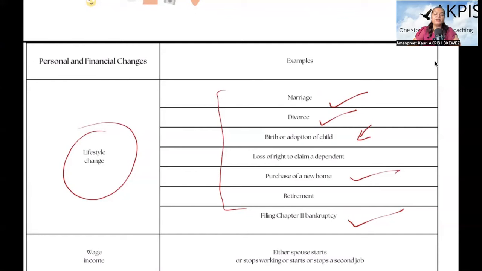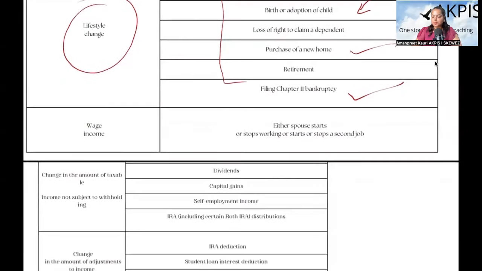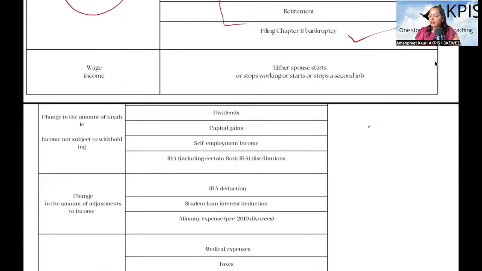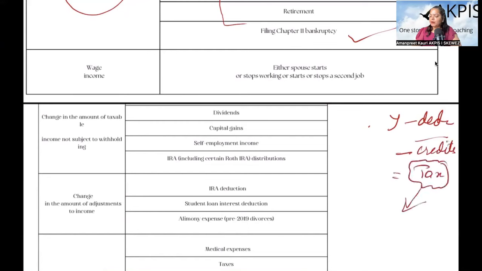So it is really very important to analyze personal lifestyle changes, because they have an impact on your tax computation. Ultimately, whatever tax you pay depends on what? In a nutshell, it depends on your income, the deductions you are given and the credits; by deducting all these, your tax liability gets calculated, and accordingly you file your income tax return with the IRS.